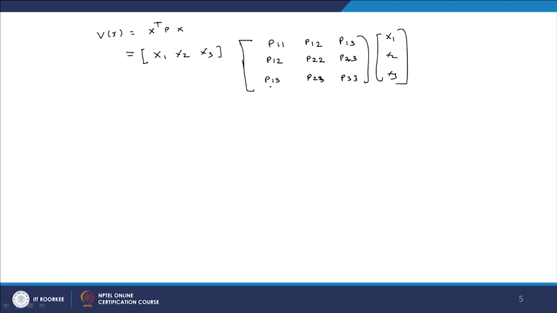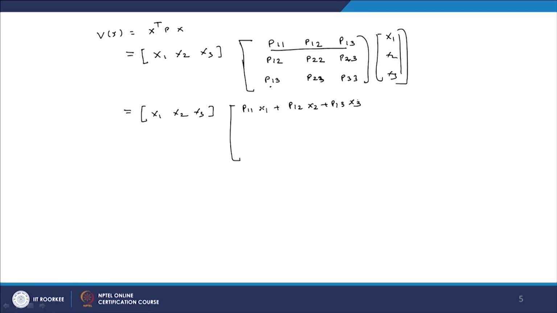Now we solve this equation. Here this complete row we have to multiply with this column. So we get P11 into x1, P12 into x2, P13 into x3. We can write P11 into x1, plus P12 into x2, plus P13 into x3.